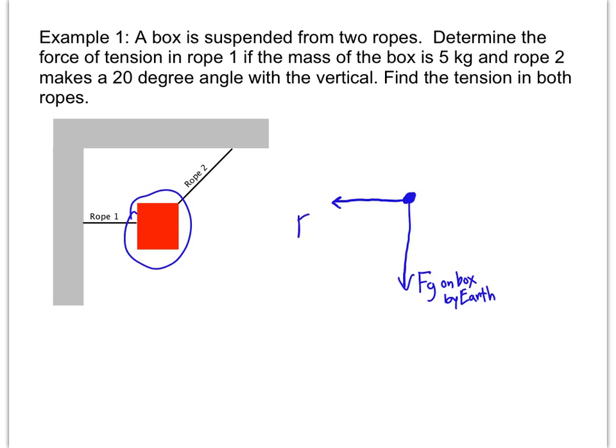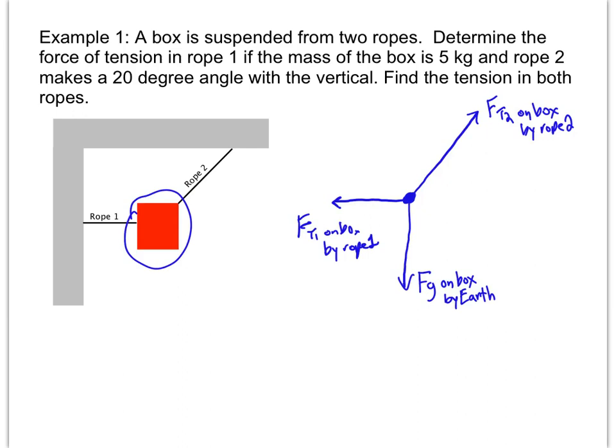So I'll call this FT1 on box by rope 1. And we have to recall that each different rope has its own tension. So here we've got the tension applied by rope 2. I'll call this FT2 on box by rope 2.